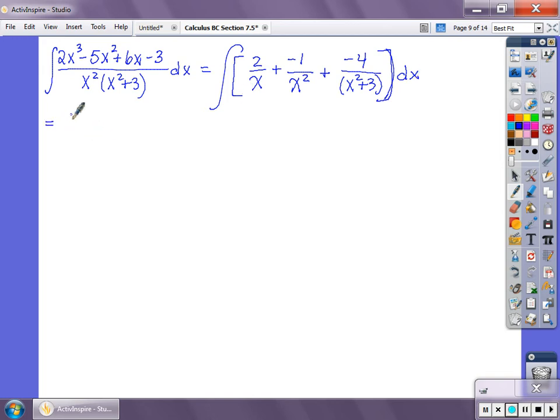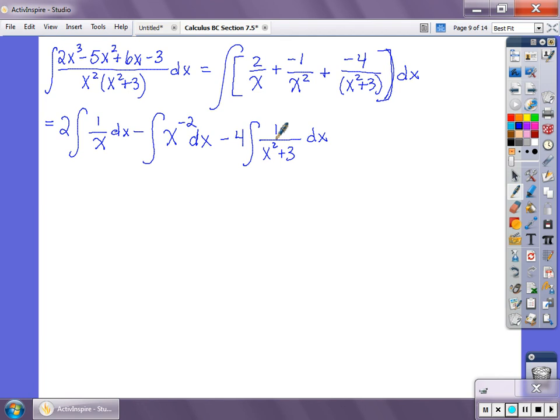Splitting the integral up, I'm going to pull my 2 out of 1 over x. Pull out the negative 1, and this is going to be x to the negative 2nd dx. Then pull out the negative 4, and we'll have 1 over x squared plus 3 dx, which here I'm recognizing to be arctangent.